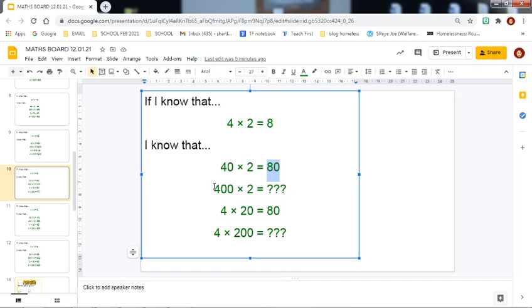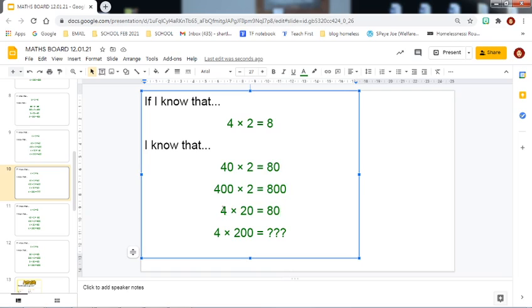I've now made it greater again, so 400 multiplied by 2 is 800. And you will see, as mentioned, we have 8, 10 times greater, 80, 10 times greater, 800.